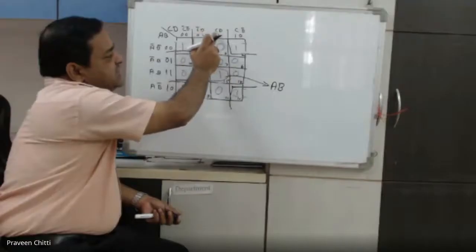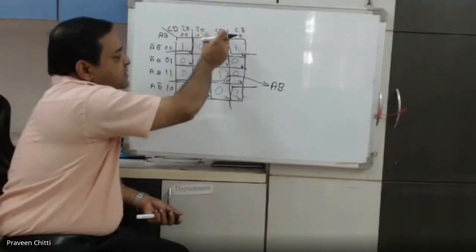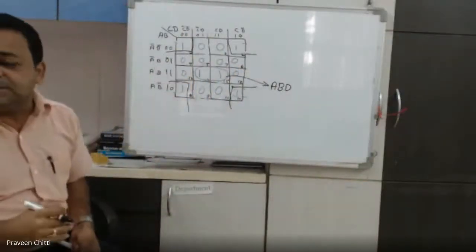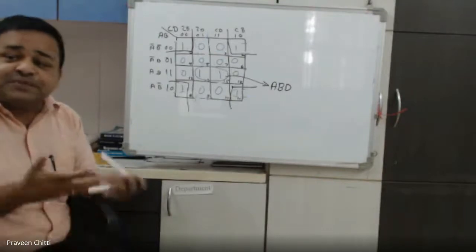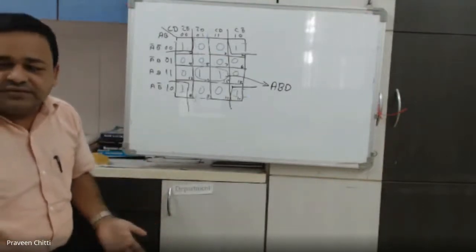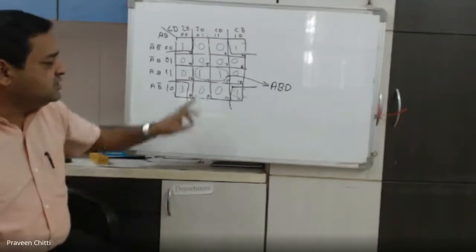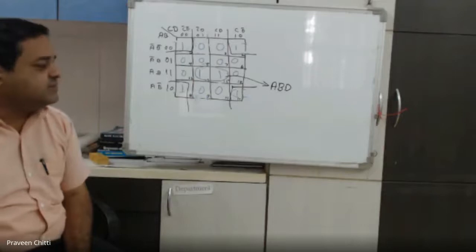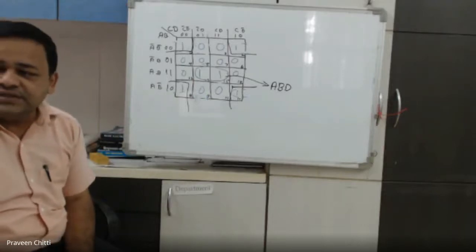C bar D is there, here CD is there. So D is common. So you should write ABD. C plus C bar gets vanished, because that is the basic principle of K-map: X plus X bar equals 1. That rule is used here. So the product term corresponding to this is ABD. Is that clear, Aditi?